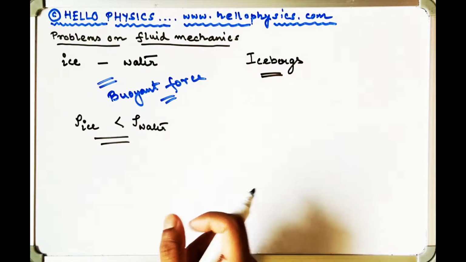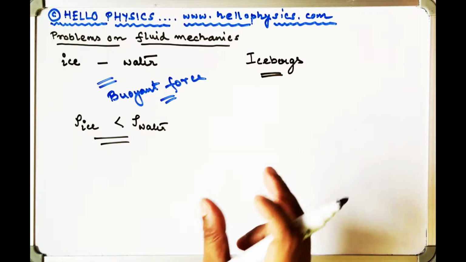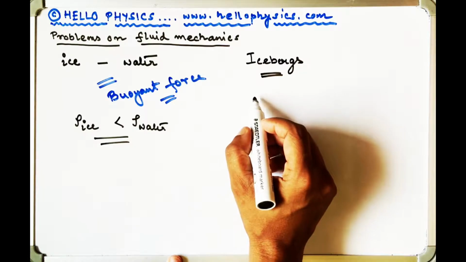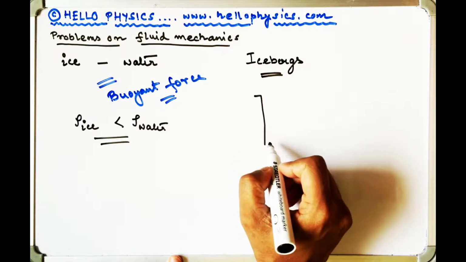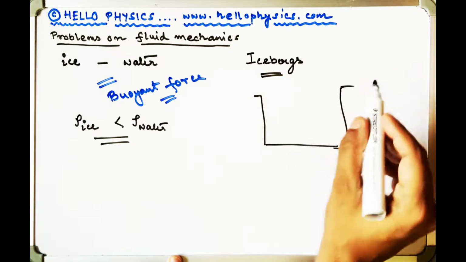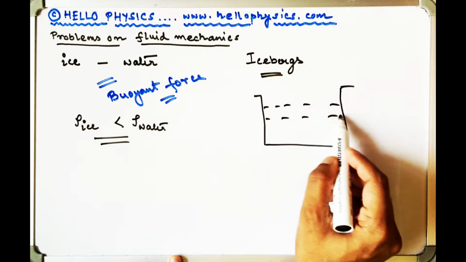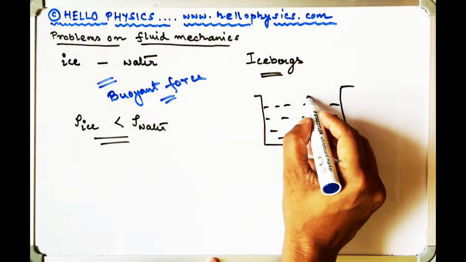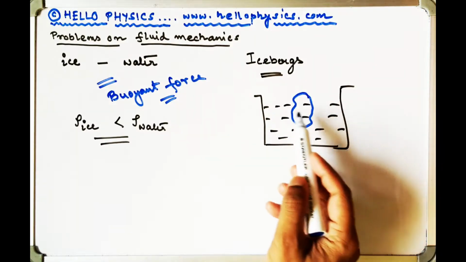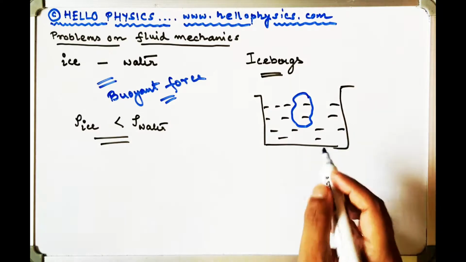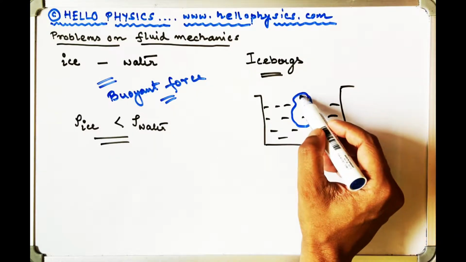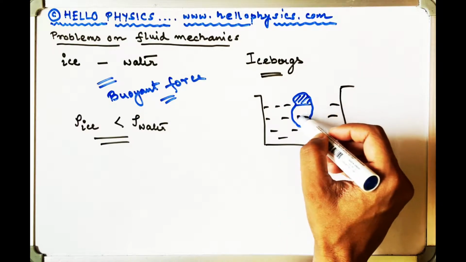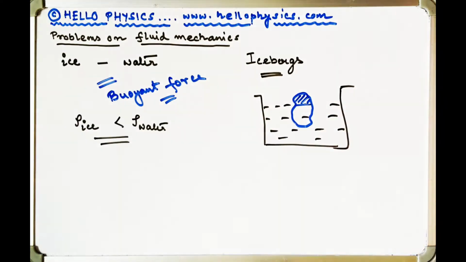Now, what you have to do in this problem is, let's say you have water inside a tank and a mass of ice floating on the water. But you know, always a portion of ice is above the water surface, a portion is below the water surface.